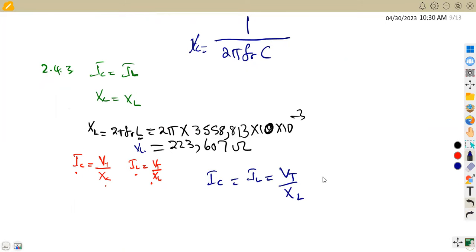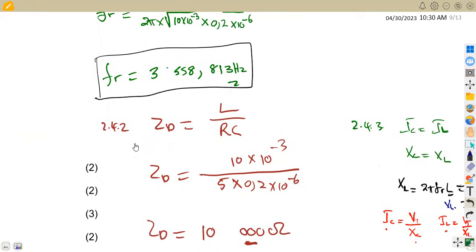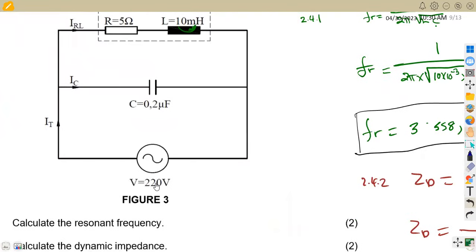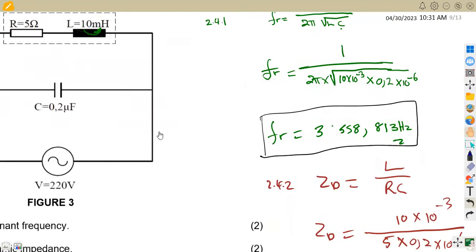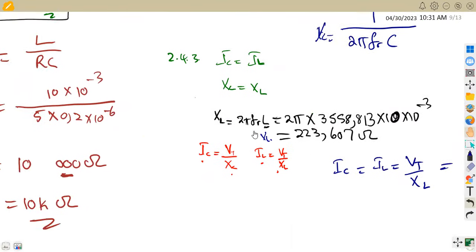So this is the same. Our VT is the total voltage from the circuit. We have got our total voltage here of 220 volts. All right. So let me see what we have here. So we've got 220 volts on VT.